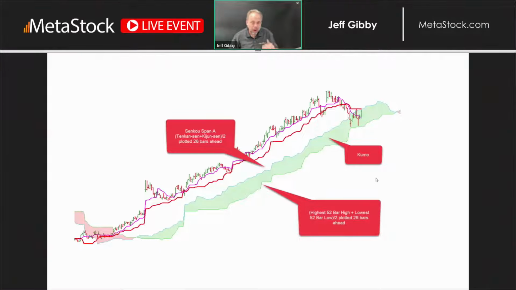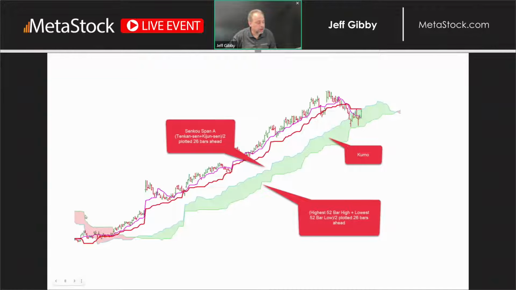But if I wanted to tell you how to calculate the Senkou Span B, I'm going to take the highest high in the price data for 52 days, which would probably be right there. I'd also take the lowest low, which would probably be over here somewhere, for 52 days. I'd combine those two values, divide them by 2, and move the whole thing 26 bars into the future. And that is what's going to provide our Senkou Span A and our Senkou Span B.